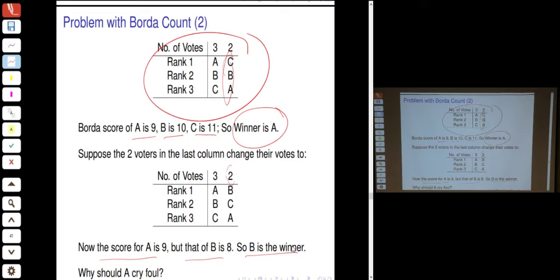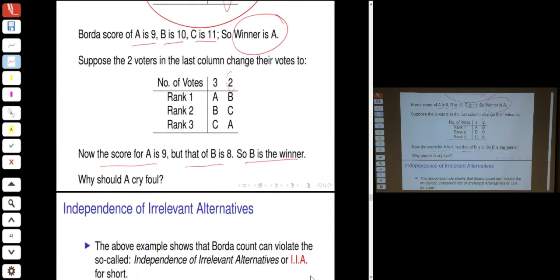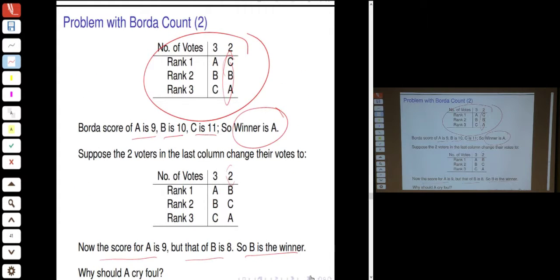So these 2 voters are not doing anything about A, they are just switching their preferential order of B and C, the last two voters, and that changes the outcome of the Borda count. So the point is that A can cry foul, because A can say that certain voters are adjusting their relative preference among the two losing candidates, so that morally should not affect A's qualification as a winner.